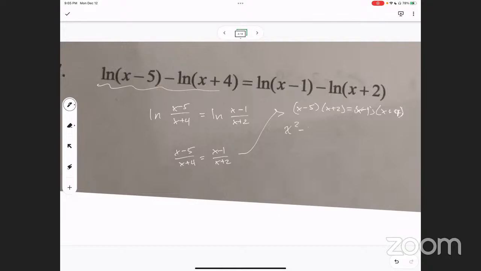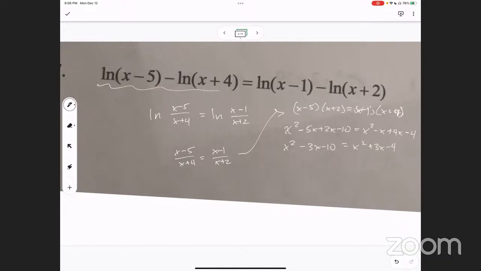So this is x squared minus 5x plus 2x minus 10 equals x squared minus x plus 4x minus 4. Check if I did that right. Yep. So this equals x squared minus 3x minus 10. And on the right side, we have x squared plus 3x minus 4.